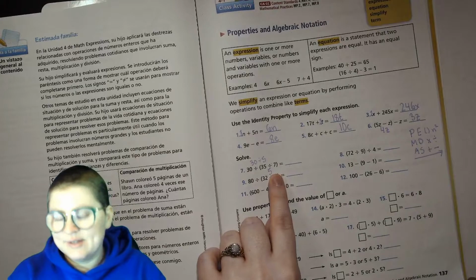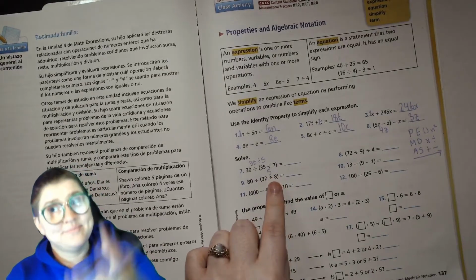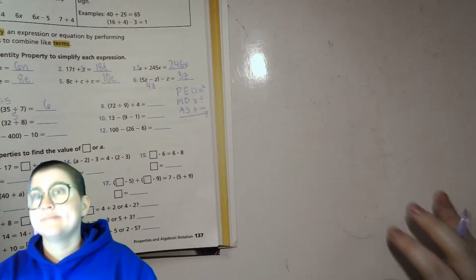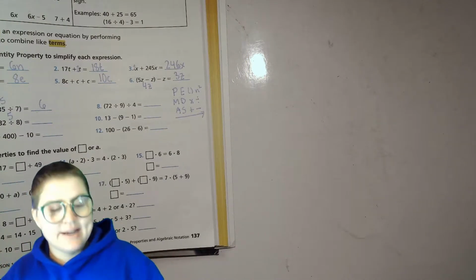Now that that's simplified, what is 30 divided by 5? 6. I'm going to start using my whiteboard here so we have a little more space to work. Okay. Next one.